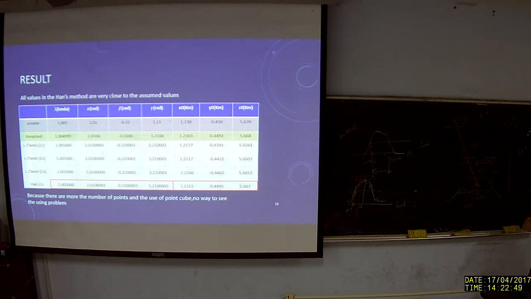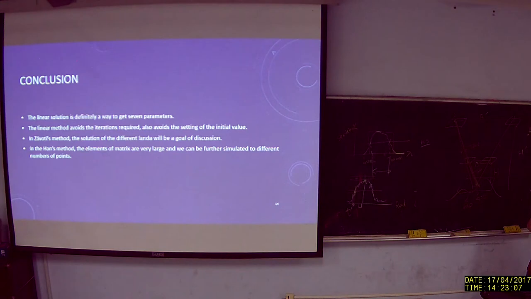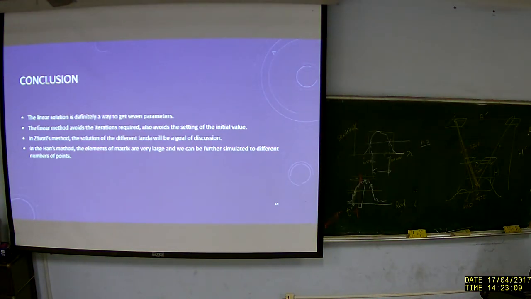And the Han method, all values are very close to the assumed value, but because there is a larger number of points, and I use the point cube, there is no way to see the fitting problem. So that's my conclusion.